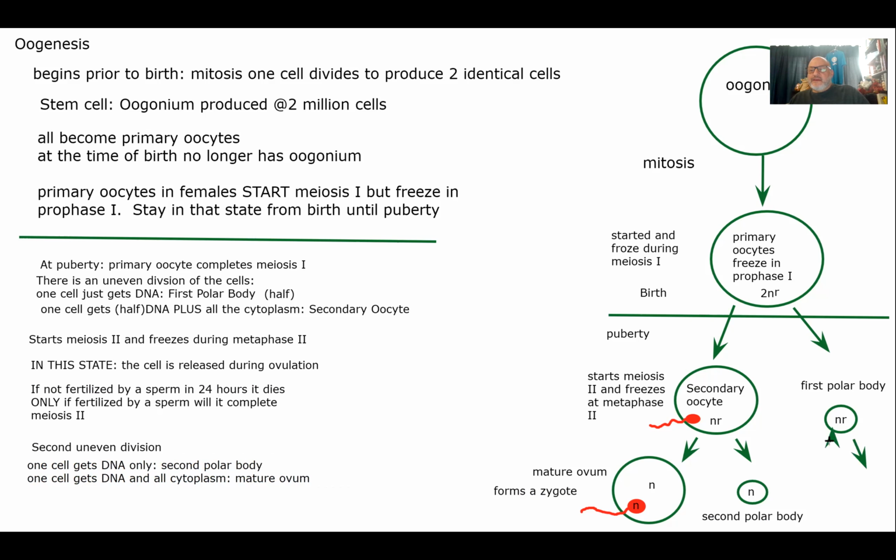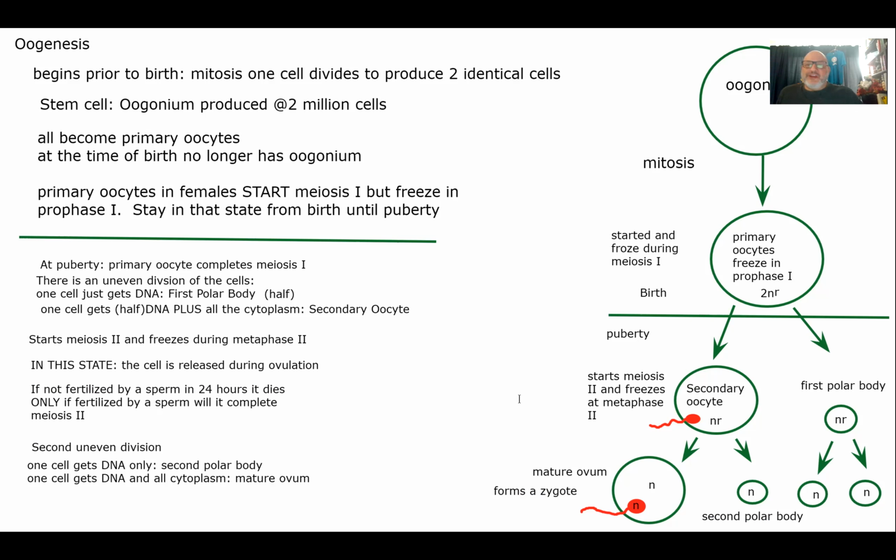Yeah, it can divide. And when it divides, it is going to produce two polar bodies that will all have unreplicated haploid chromosomes in them. So it's possible to have as many as 3 secondary polar bodies.